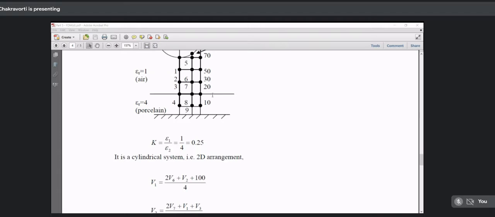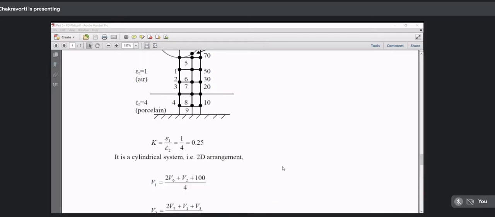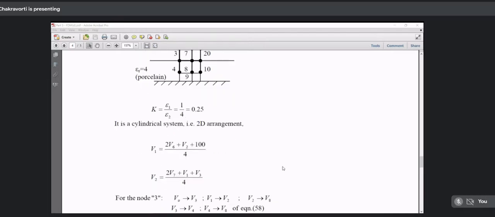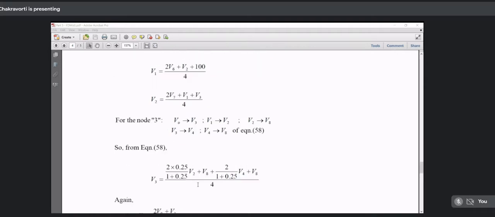Similarly for V2, I will assume there is another node on the left side, which is V7. So V2 is 2V7 plus V1 plus V3 by 4. Then V4, again equal nodal distance, and I will assume one node on the left-hand side, which is equal to V9. So V4 is 2V9 plus V3 by 4.